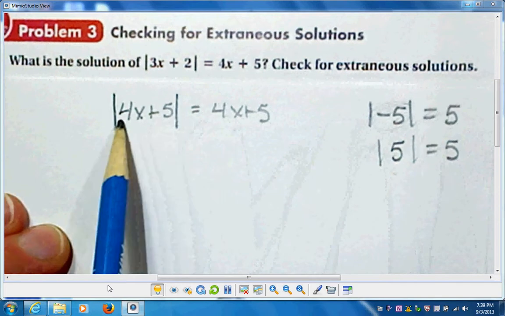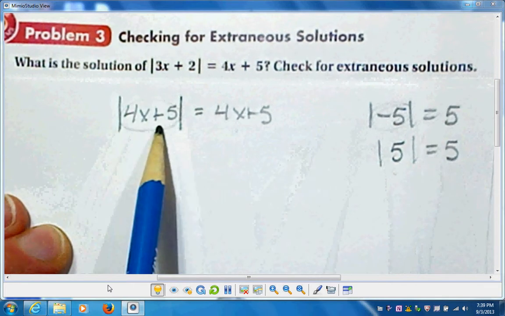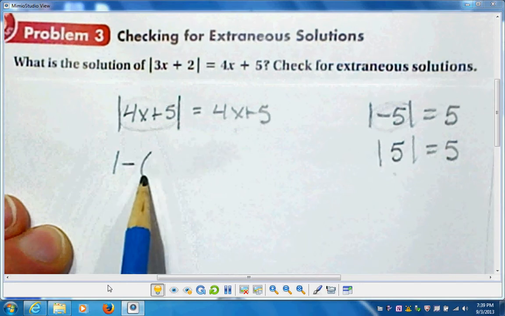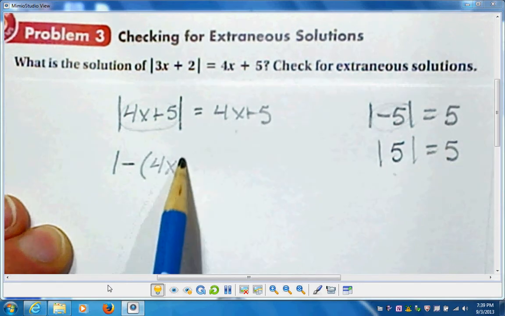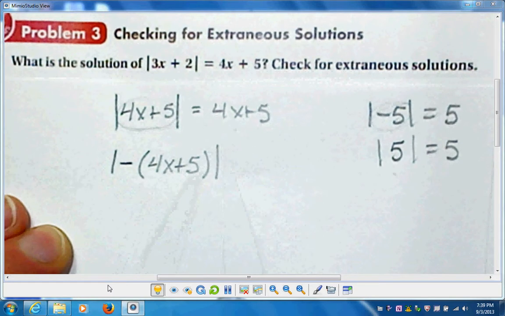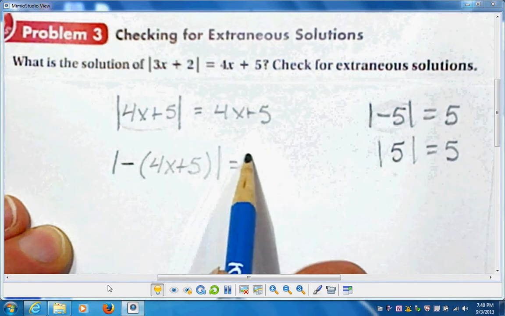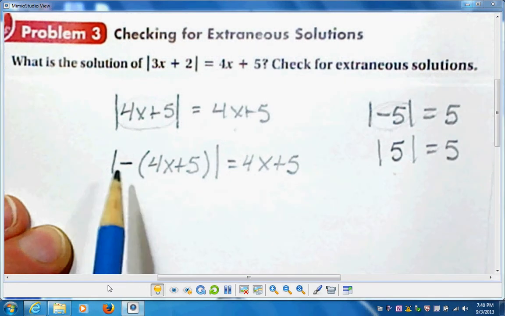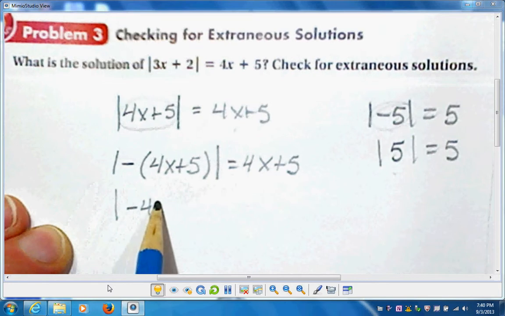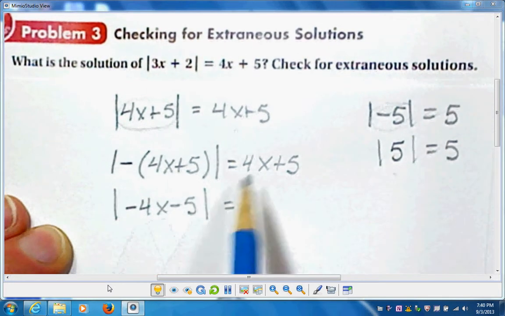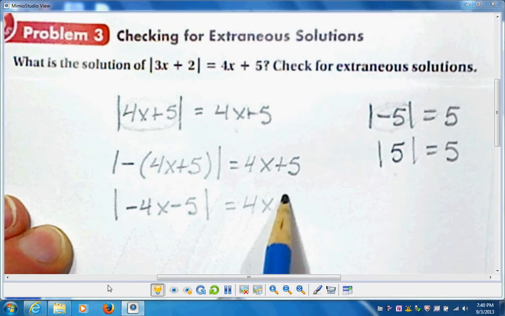So what's the opposite of this? Well, that would be negative of that whole expression. That also equals 4x plus 5. What would that be? That would be negative 4x minus 5. The absolute value is the same as 4x plus 5.